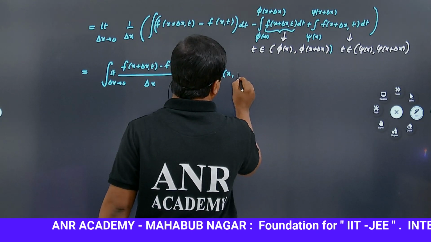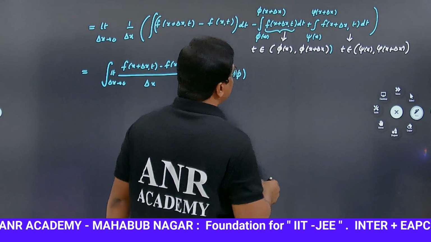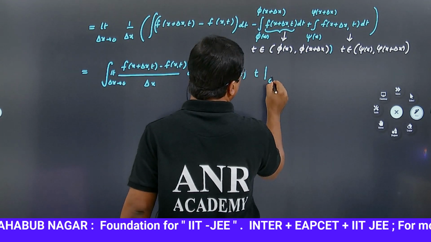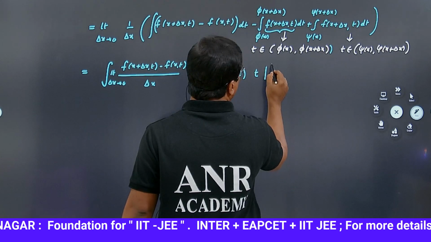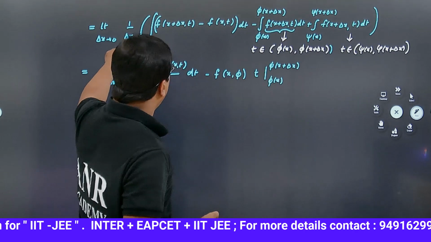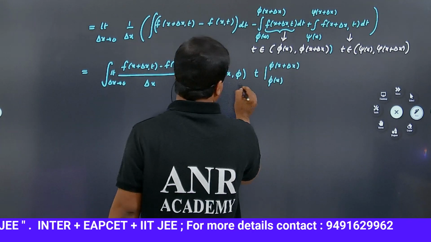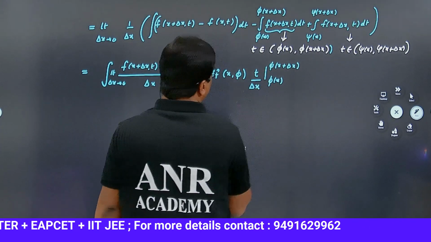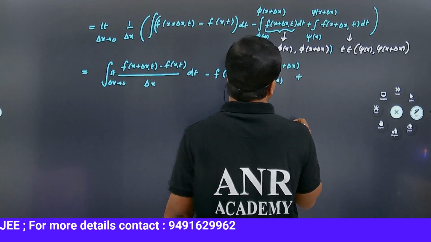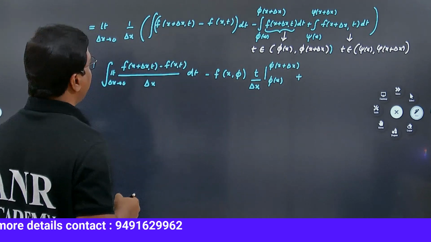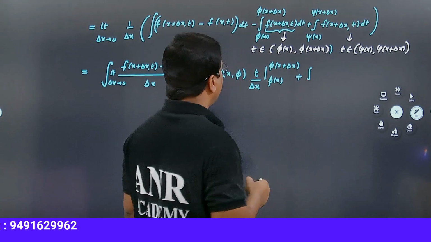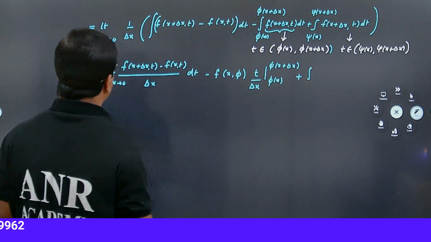So in place of t, you have to write pi. Next, integral dt, for which limits pi of x to pi of x plus delta x, divided by delta x. Next term, it is of plus sign, psi of x to psi of x plus delta x.